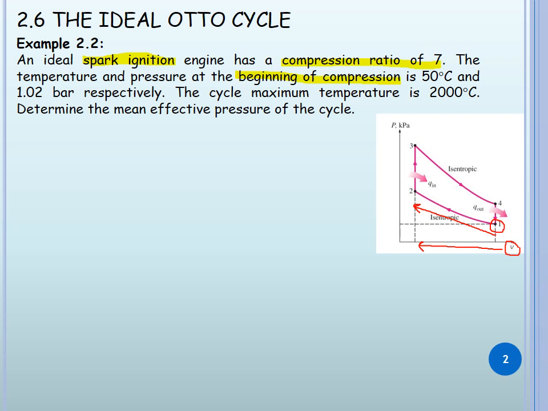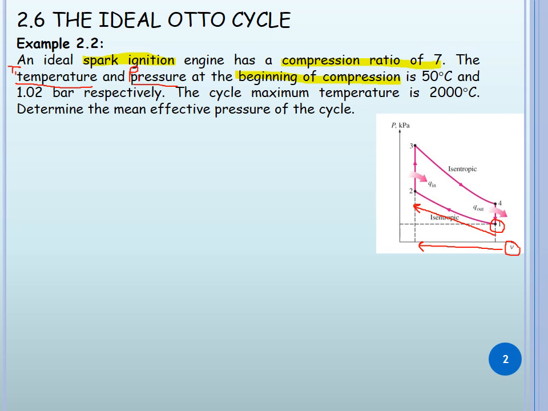The beginning of compression means state 1. So the temperature and pressure here are temperature T1 and pressure P1.